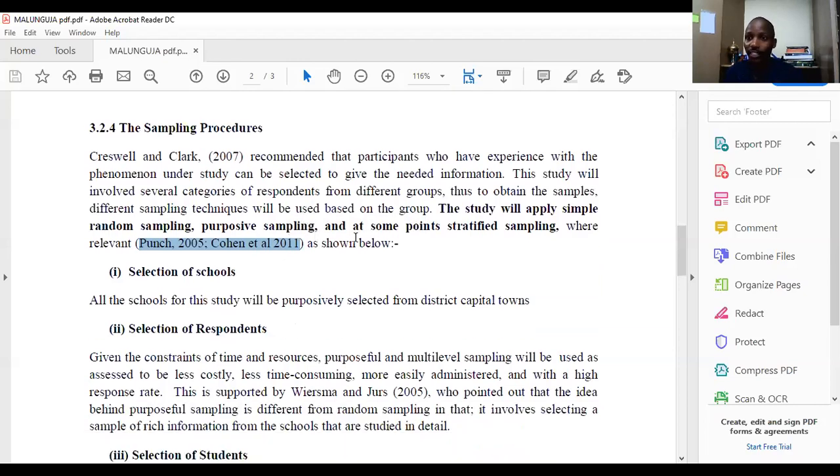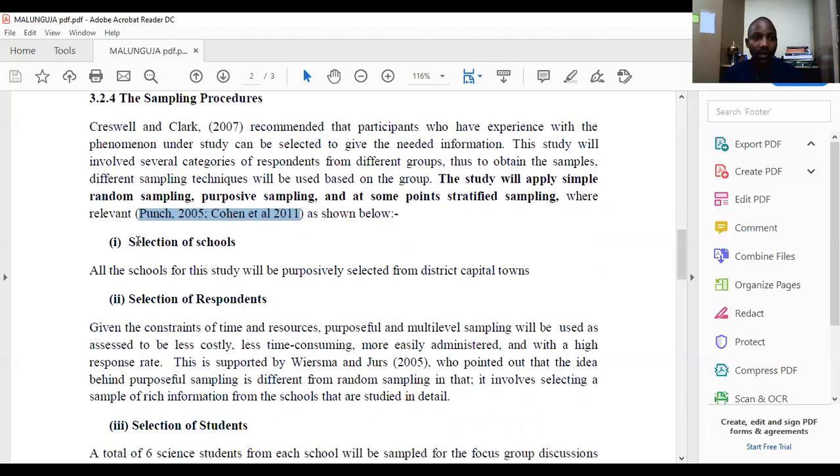This information on how the researcher is going to implement it is as follows. One, the selection of the schools. All the schools for this study will be purposefully selected from the district capital in town.